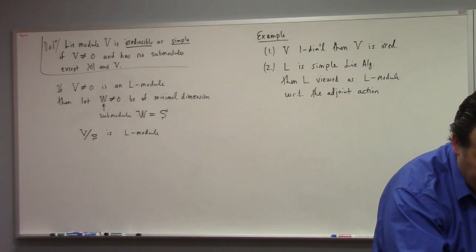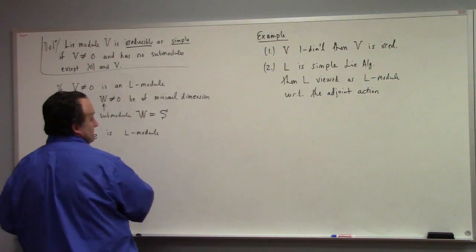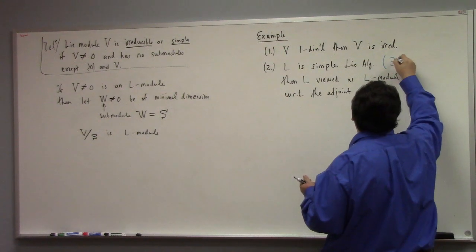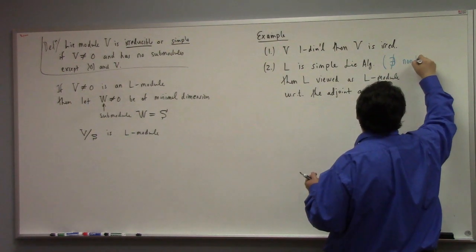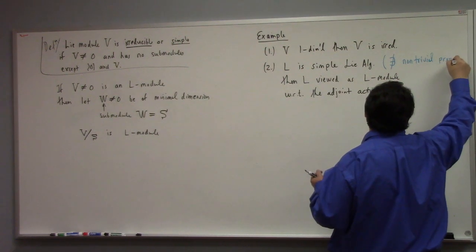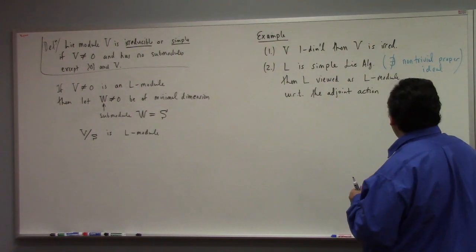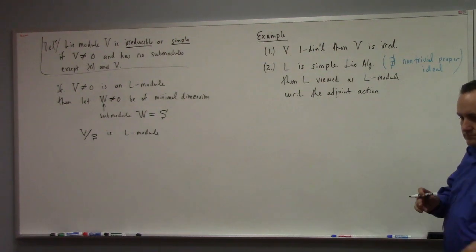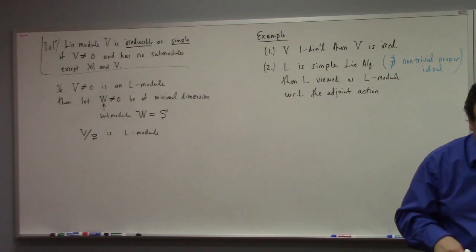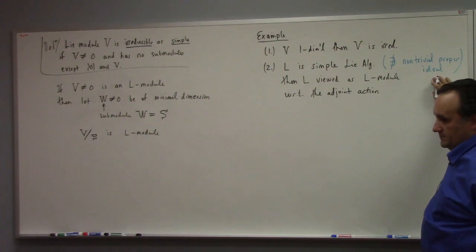So now we need to remember what we meant by simple Lie algebra. Do you remember? Right, it's not abelian, but it has no non-trivial proper ideal.